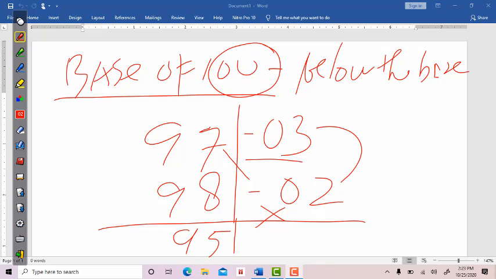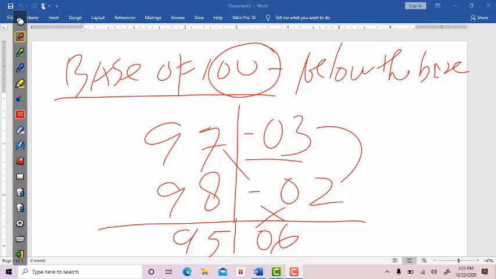And 0, 3 times 0, 2 should be 0, 6. This is the answer, 9,506. So this is how we do base of 100 calculations, but it's still below the base.